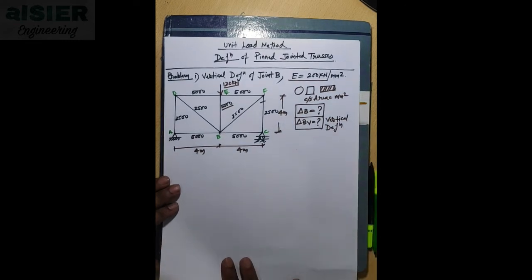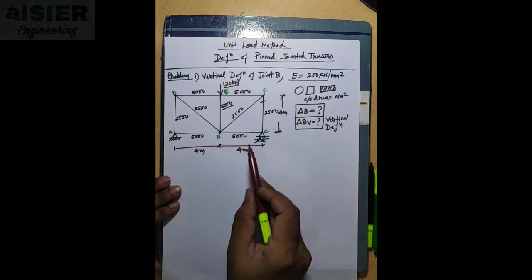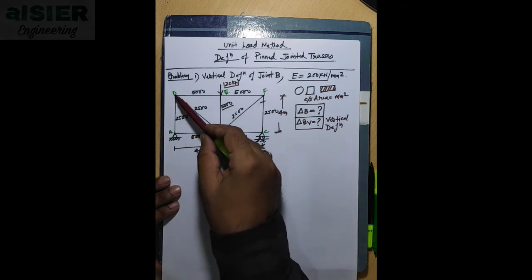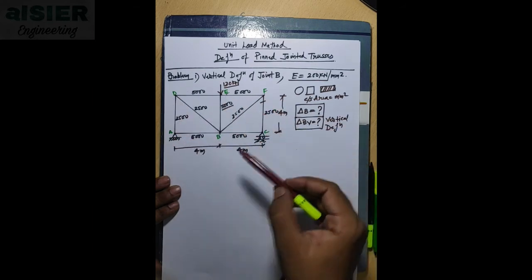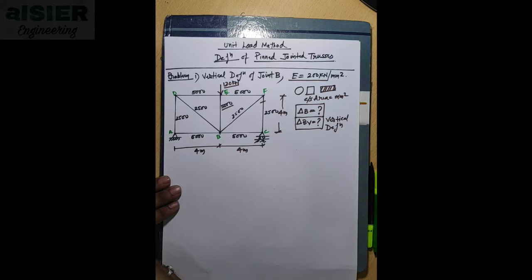So first, as we know that members AB, BC, DE, EF, DA, EB and FC all have a length of, say, 4 meters.